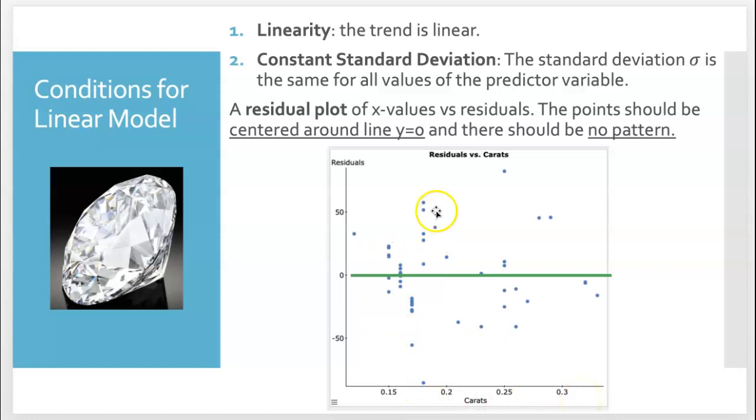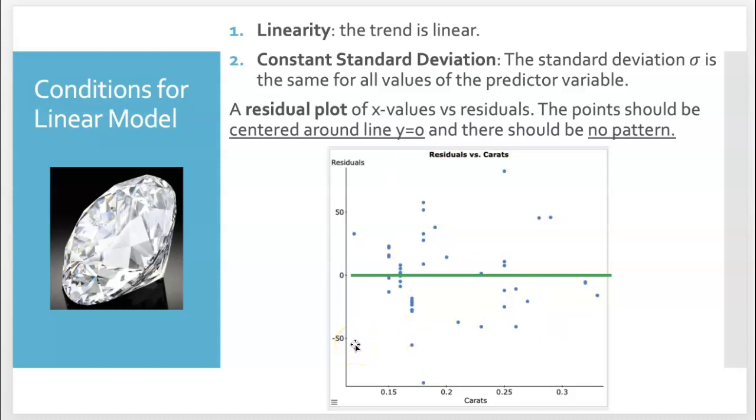By using this graph, it's very useful because right away you can check two things. One, are your residuals centered around 0, meaning is the mean equal to 0? And two, do we have constant standard deviation, meaning they're centered around 0, now is there a pattern? And there's no pattern here. So no pattern indicates that we have constant standard deviation.